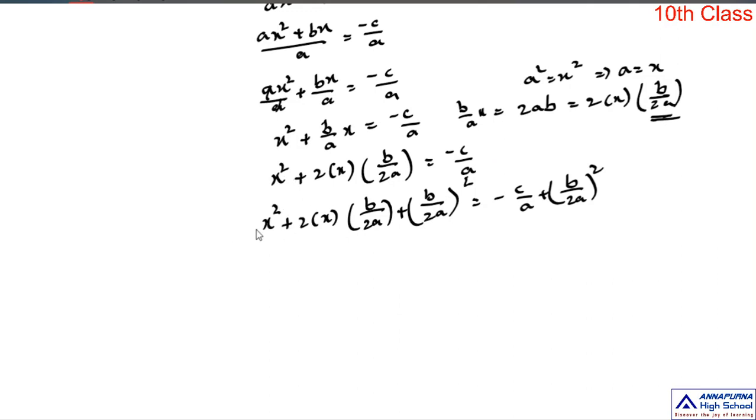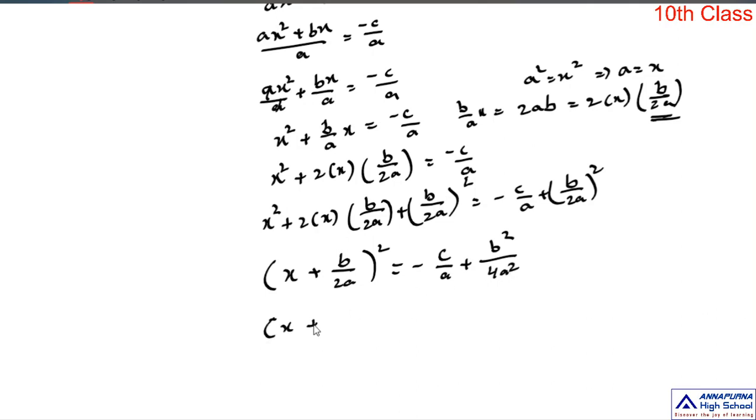Now the equation completely changes to: x square plus 2 into x into b by 2a plus (b by 2a) whole square. Now it is in the form of a square plus 2ab plus b square, which is equal to (a plus b) whole square. Here a is equal to x and b is equal to b by 2a, whole square, is equal to, simplifying the right side part, minus c by a plus b square by 4a square.